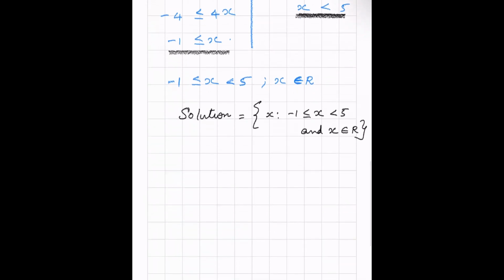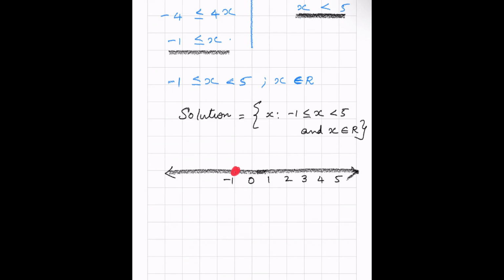Now they have asked you to represent this on a number line. On the number line you have 0 here, -1 here, 1, 2, 3, 4, 5. -1 less than or equal to x: equal to is there, so I should be drawing a darkened circle.